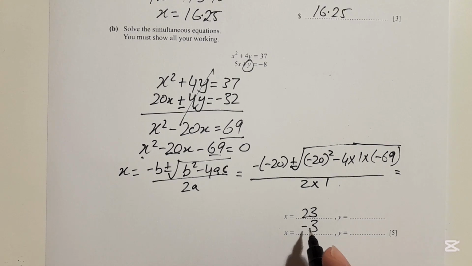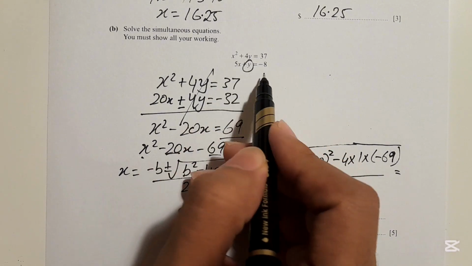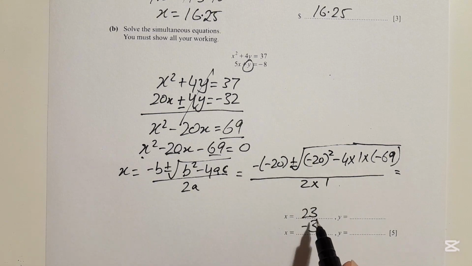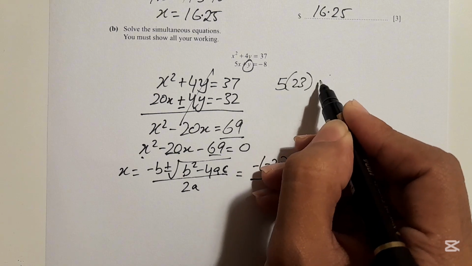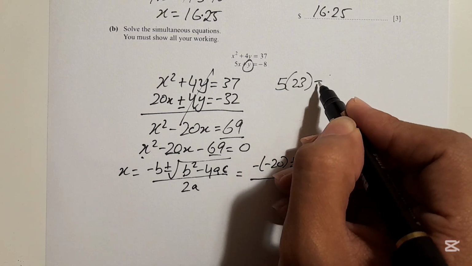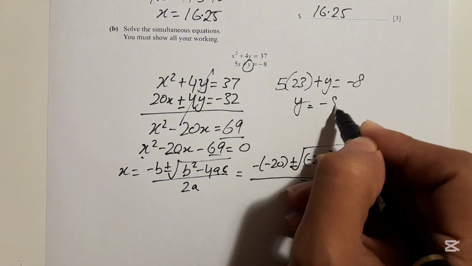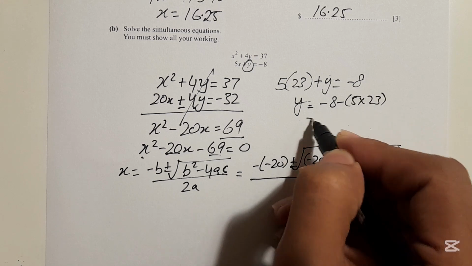Now we have the x values. We will input these into either the first equation or the second equation. So we will use the second equation. So 5 times 23 plus y is equal to minus 8. So y is equal to minus 8 minus 5 times 23.